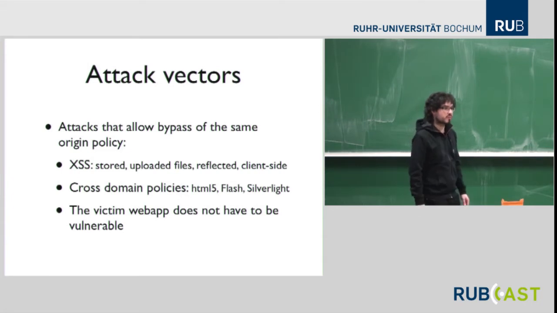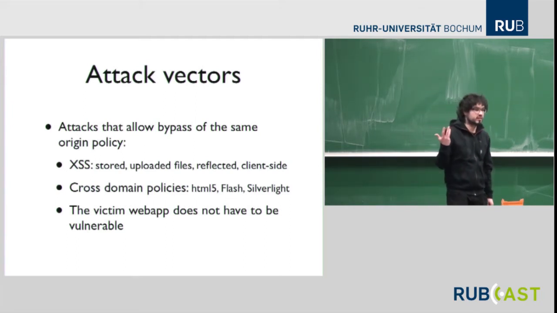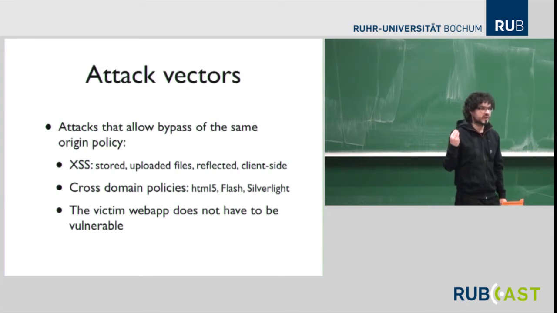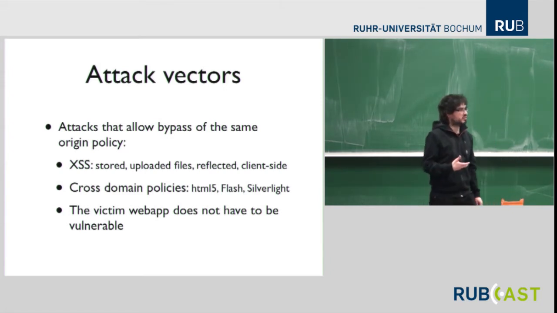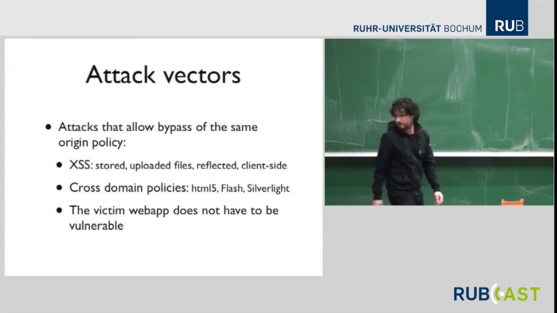And what's cool about this is that you can show to your clients that the web application that you're testing, that you're penetrating, that you're intruding on, doesn't necessarily have to be vulnerable itself. But as long as it's your client and as long as it's in scope, then you can attack it through some other web application on the same domain.